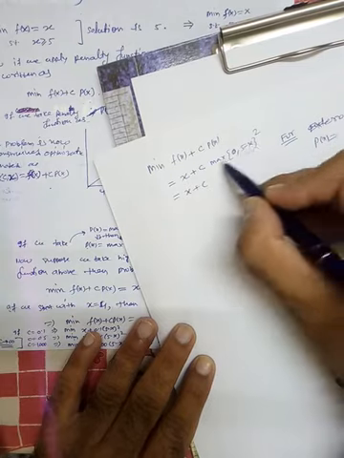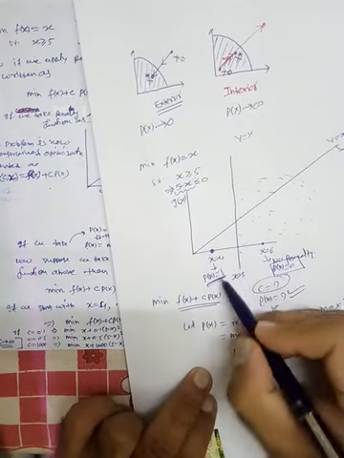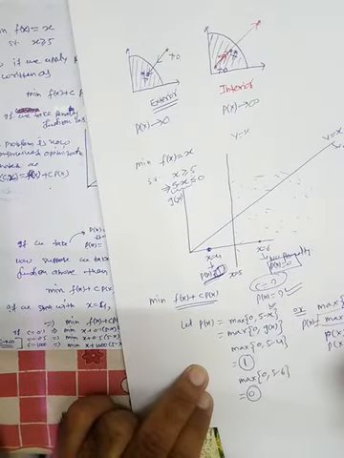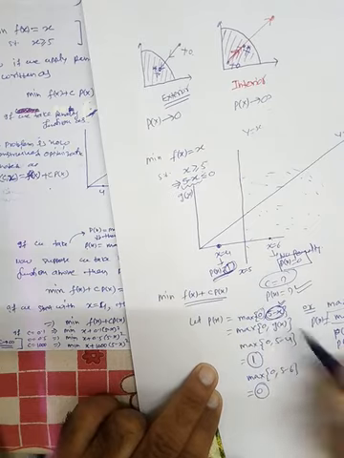For an exterior point, the value comes from this factor, 5 minus x, but for a point inside, the value is obtained from here, 0.